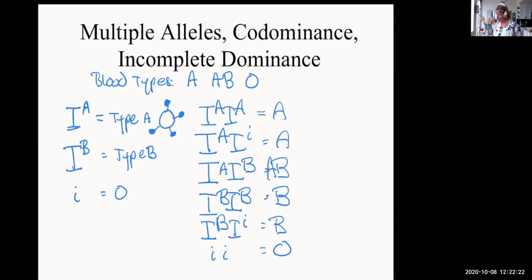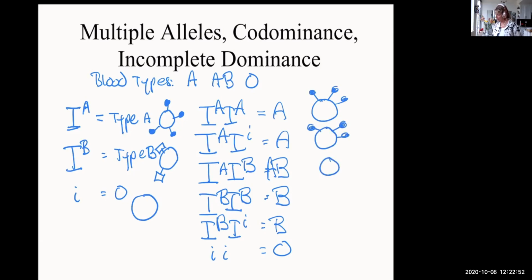If you have type B, you have a different kind of receptor. And if you have type O, you have no receptors. So if you are homozygous A, then you'll have only the A receptors.